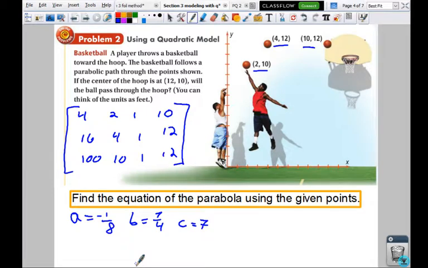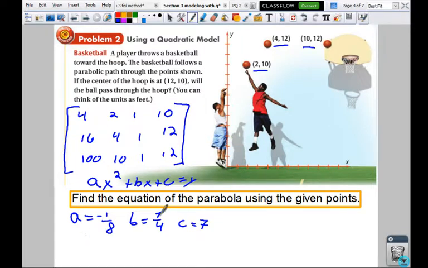Thomas, what's our actual equation now? Did you plug it in and get these things? Yeah. All right. Then remember, we're putting it into ax squared plus bx plus c equals y, right? So instead of having a, what number am I putting in? Negative 1/8.